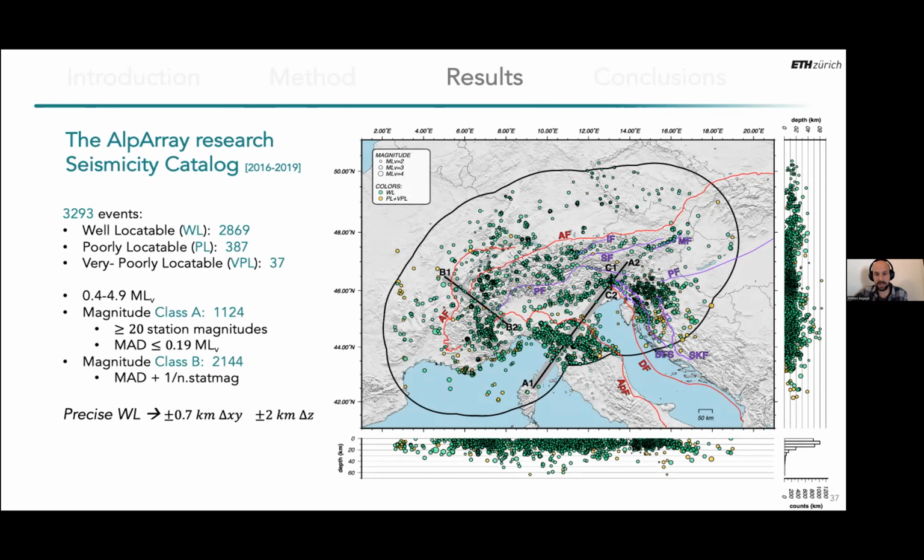And the precision of the location of these well-locatable events was assessed through a shift test, where we perturbed our final location constantly along the free direction, and relocated them in order to see the error that may occur. That is, in this case, for such a big region, really outstanding. In fact, the error is 0.7 kilometers in the epicentral distance, and 2 kilometers in depth.